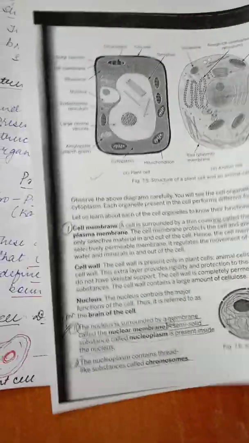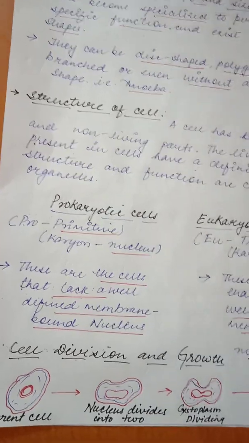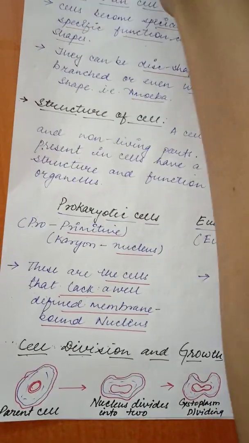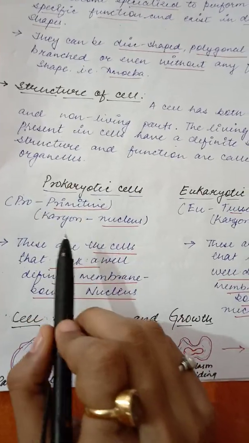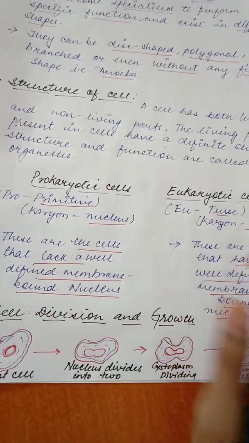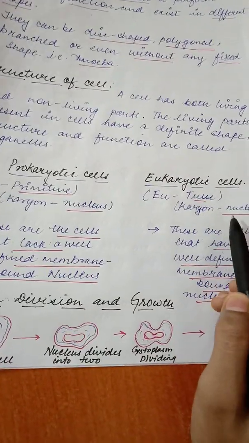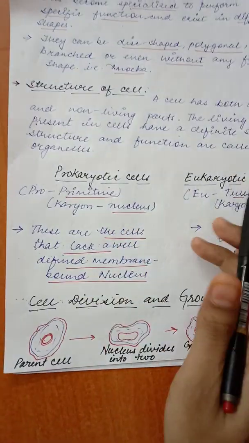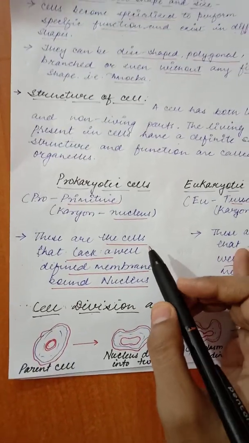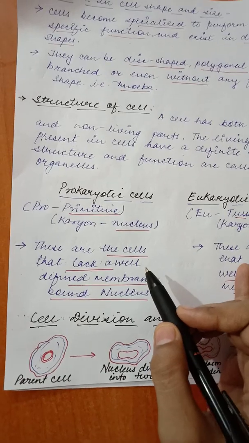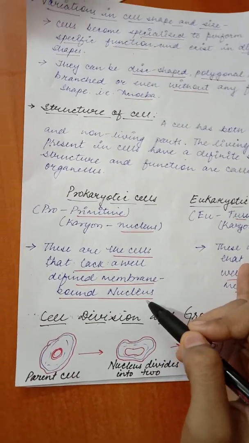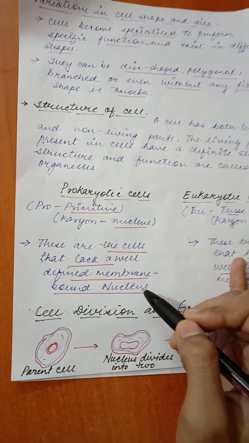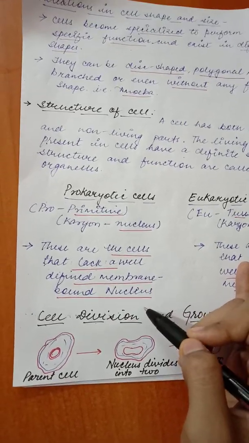Further in this chapter, it is all about how prokaryotic cells are different from eukaryotic cells. Pro means primitive and karyon means nucleus. Similarly, eu means true and karyon means nucleus. So prokaryotic cells lack a well defined membrane bounded nucleus.